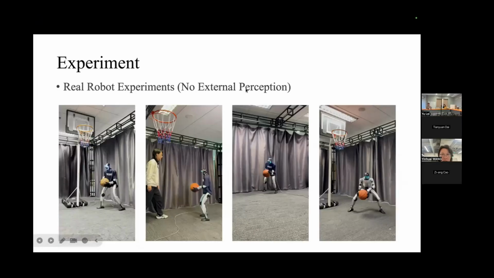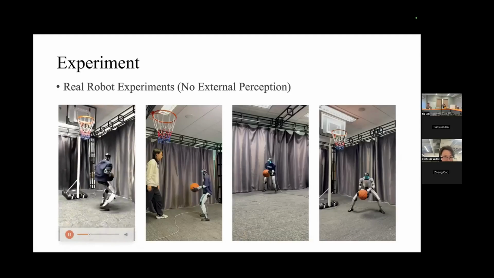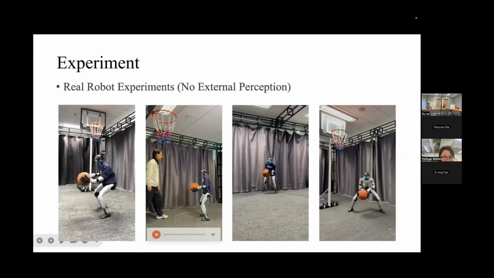Okay, we come to the real world experiment results. The first is the no external perception mode, which means we do not use any external perception for the object. The robot perceives the object status through proprioception. This is the basketball turn.